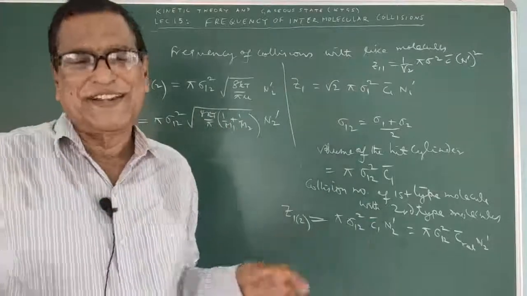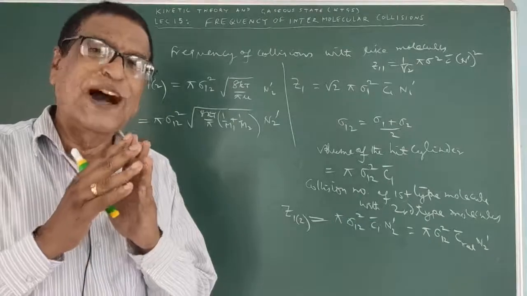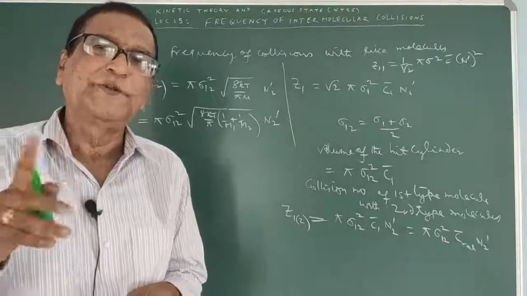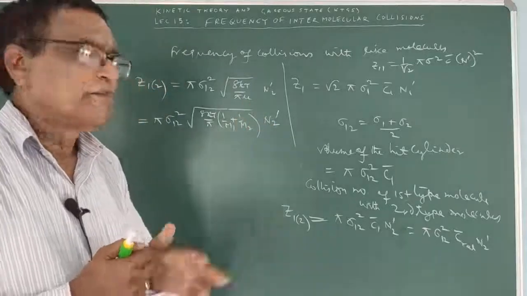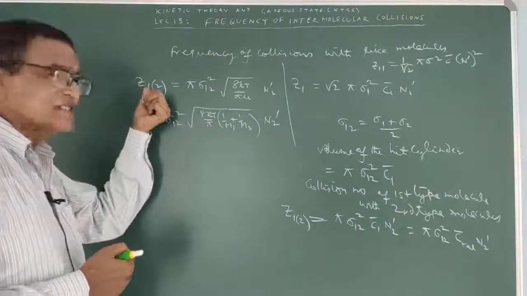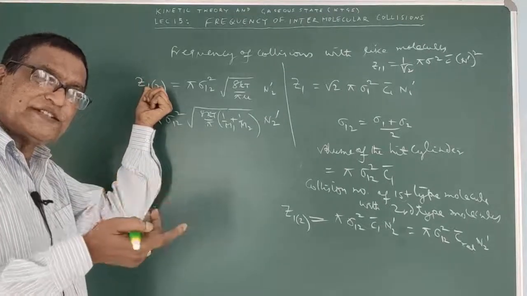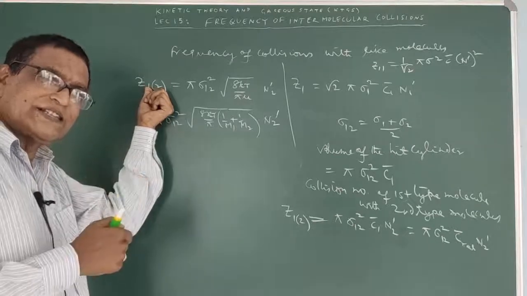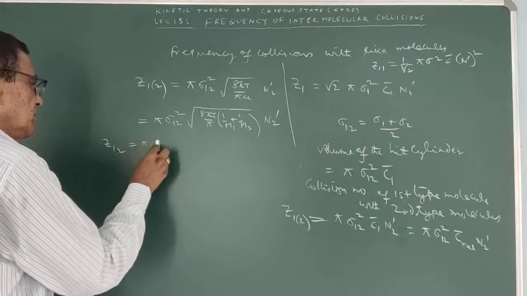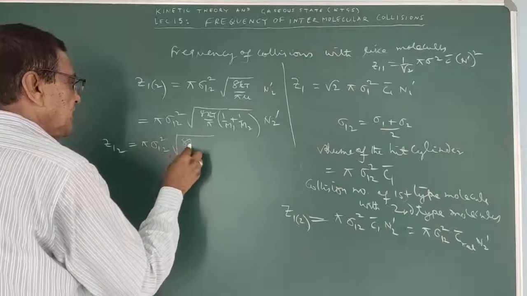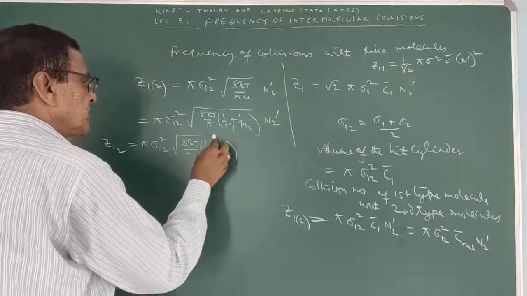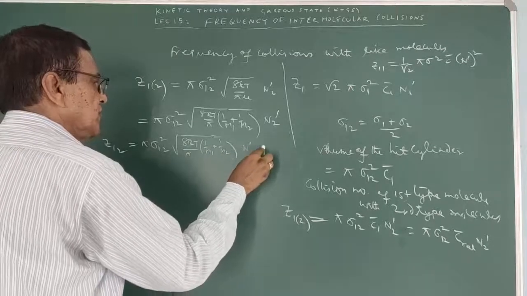Now if we would like to calculate the frequency of collisions between two unlike molecules, first type and second type, that is, how many collisions are occurring in unit volume and unit time, then this is to be multiplied by n1 dash. n1 dash is the number of molecules of the first type per unit volume, each making collisions. So Z12 equals pi sigma 12 square root over 8RT by pi times (1 by m1 plus 1 by m2), times n1 dash n2 dash.